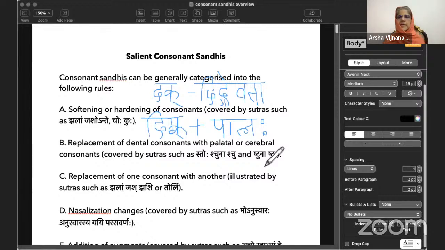So like this, softening or hardening is illustrated. Then we have a very interesting set of rules, the second set of rules that we'll be studying: the replacement of dental consonants. So what are dental consonants first? Let us make a list of the dental consonants. Ta, tha, da, dha, na.